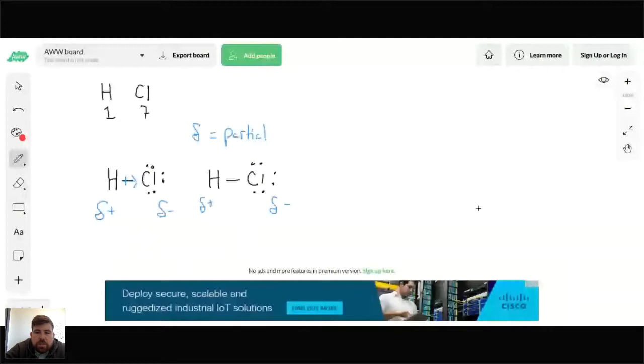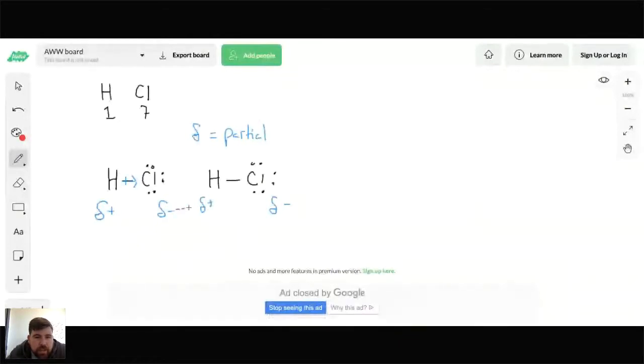Opposite charges attract. So we get this negatively charged chlorine attracting to this positively charged hydrogen, and this attractive force here is called a dipole-dipole force. That's our first force of attraction. This is showing how molecule A is attracting to molecule B.